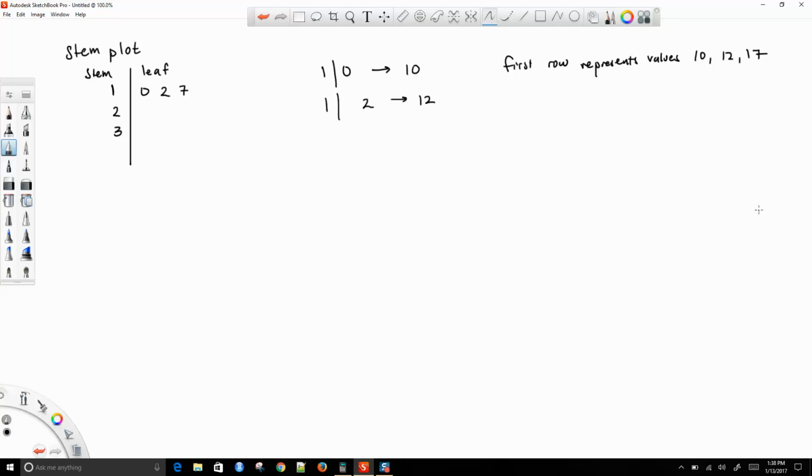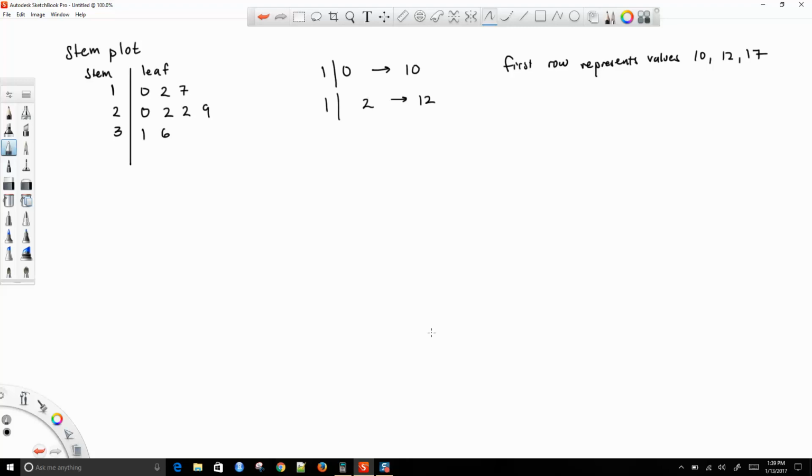And perhaps I have another set of values here. This second row represents 20, 22, 22, 29. And then this third row maybe represents 31 and 36. This is what we would call a stem plot.